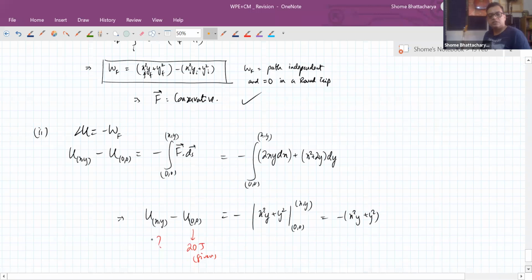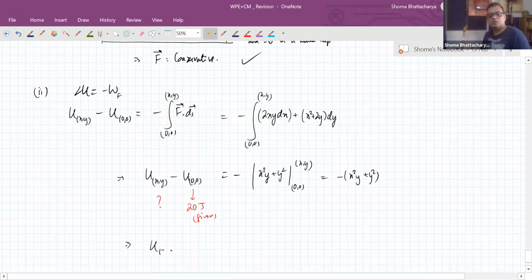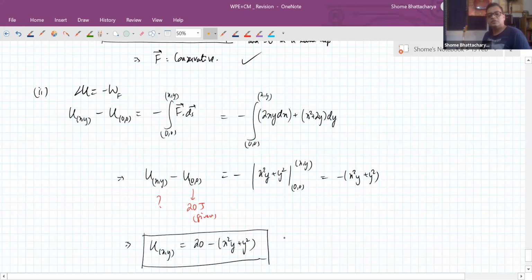The formula for potential energy as a function of the position becomes this. And this formula is such that it fits the given conditions. It fits the condition that potential energy at 0, 0 is 20 joules.